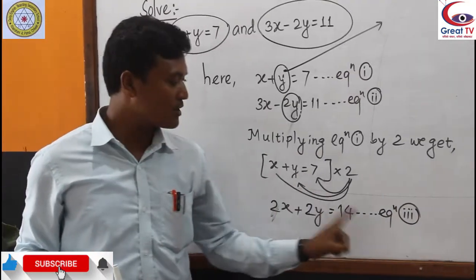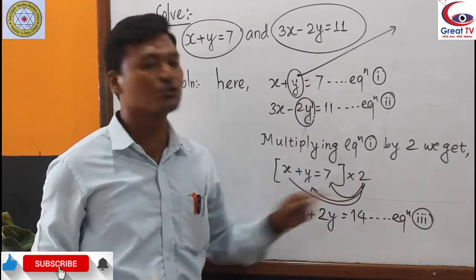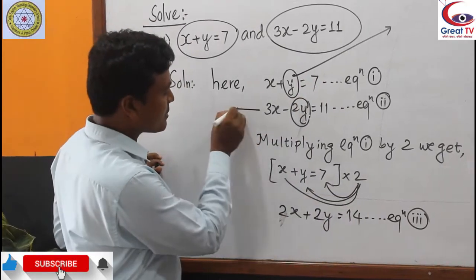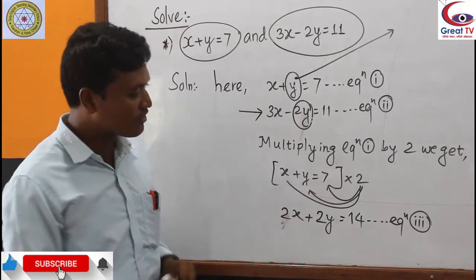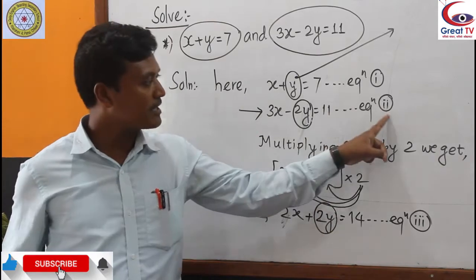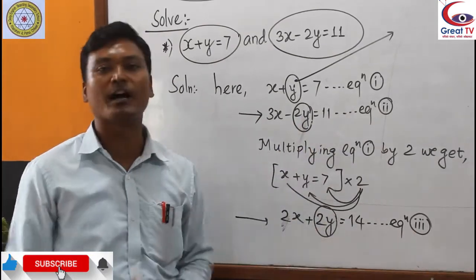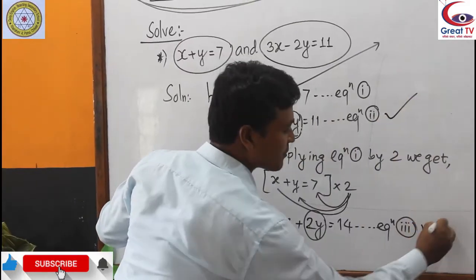We got one more equation, equation third, by multiplying equation first by 2. Then I am checking: in equation second, we have one term 2y. In equation third, we have one term again 2y. So let us solve equation 2 and equation 3.